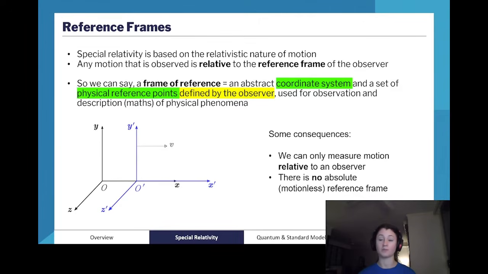Even though to us it might seem logical, you're driving along the road, so it seems like the earth and the road is the reference frame and you're the one moving, but that's actually not the case. All motion is relative. When you're driving, the road is the one moving relative to you and the car is staying still.